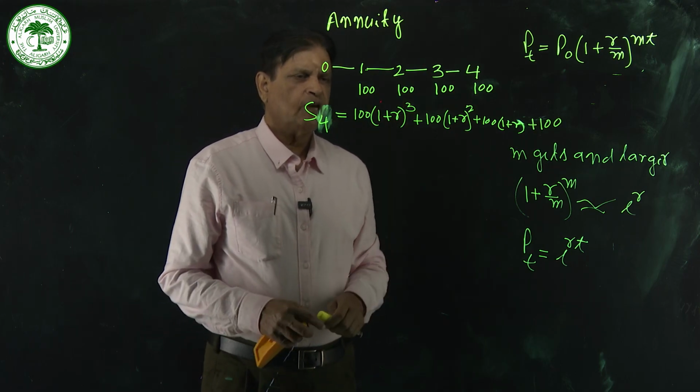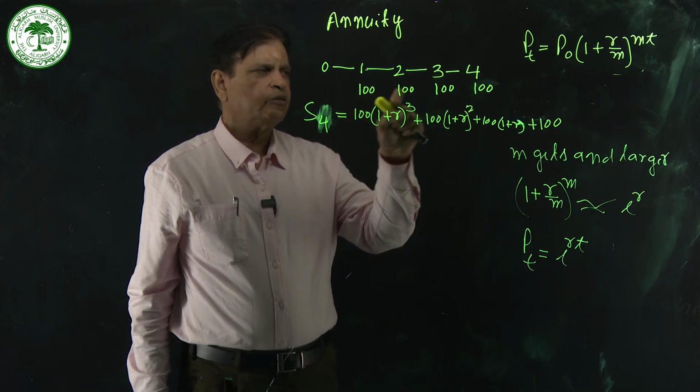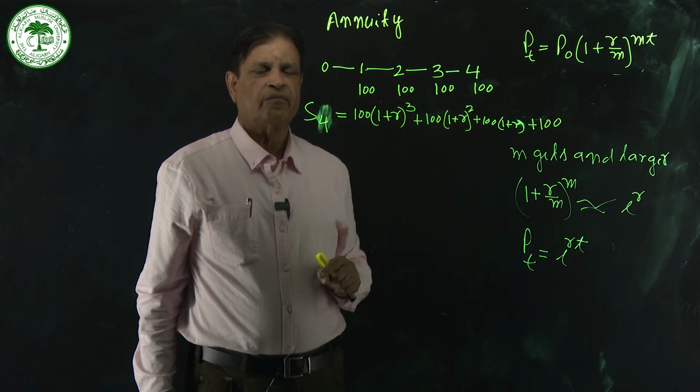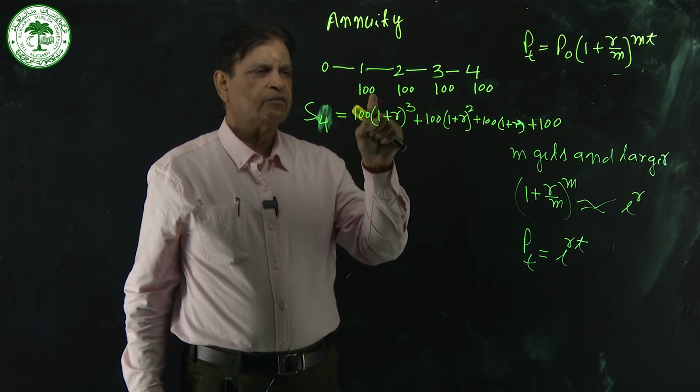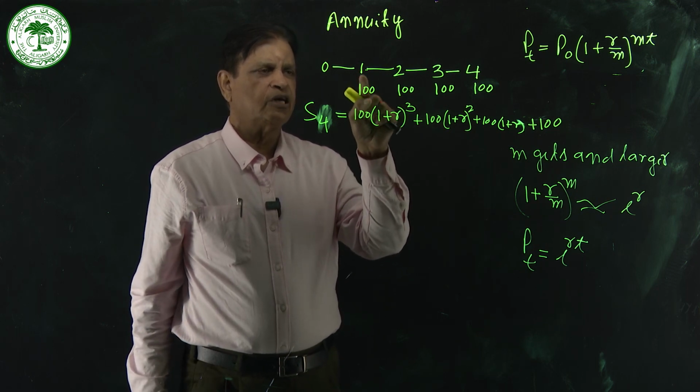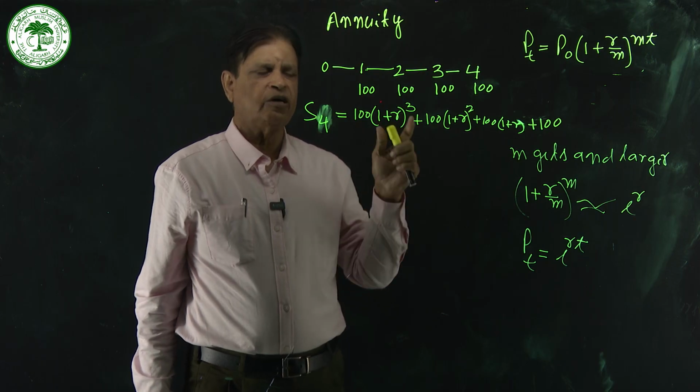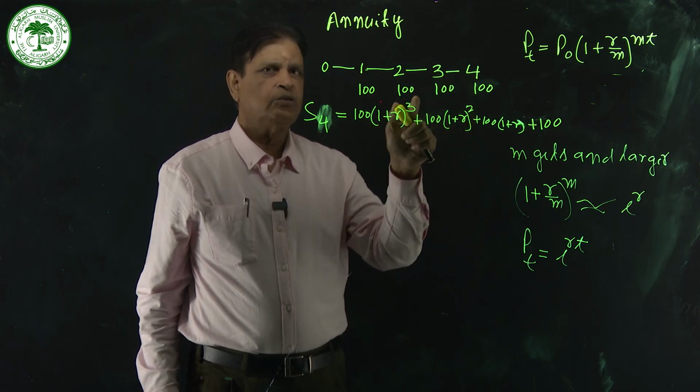So this is it. Now one thing you notice, that we have deposited the amount for 4 years, but the maximum period for which we are getting interest is 3 only. 4 minus 1 is 3.